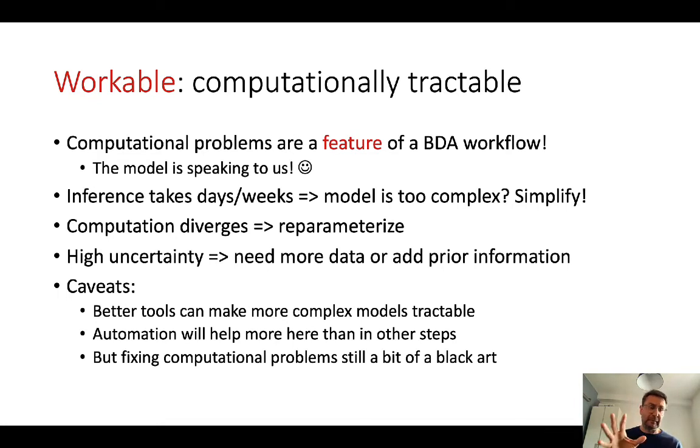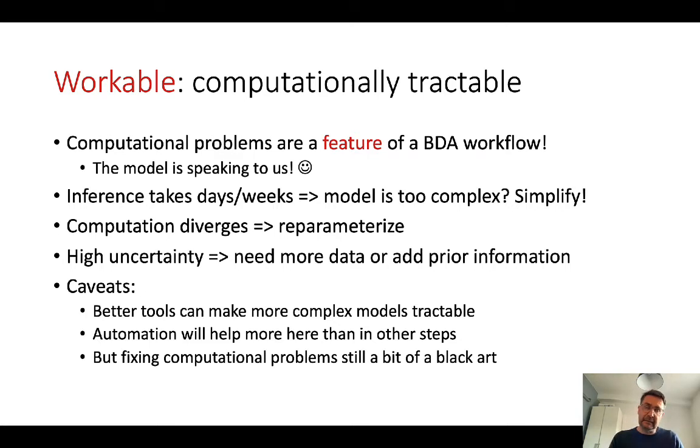A caveat with this step is that better tools continuously make more complex models tractable. So this is a moving target here. And maybe in a year's time, you can run the model that you actually want to run. Automation will also help here. There's a lot of research going on in statistics and machine learning that will be helpful here, so that they can do reparameterization, for example, automatically, or maybe investigate changes to your model or computation to make it more feasible.